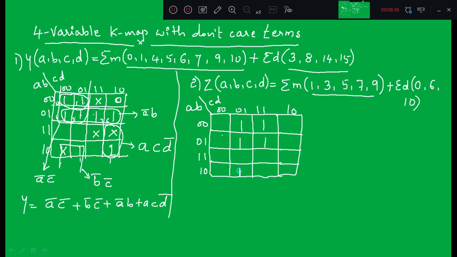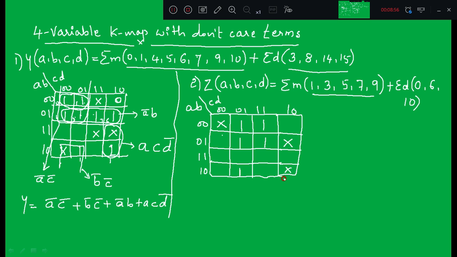This is 8, this is 9, and cell numbers 0, 6 and 10 are filled with the don't care. Where is 6? 6 is here, filled with the don't care, and 10 is also a don't care. So this is 8, this is 9, and this is 10.